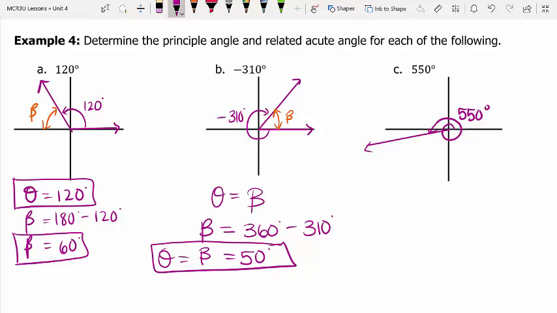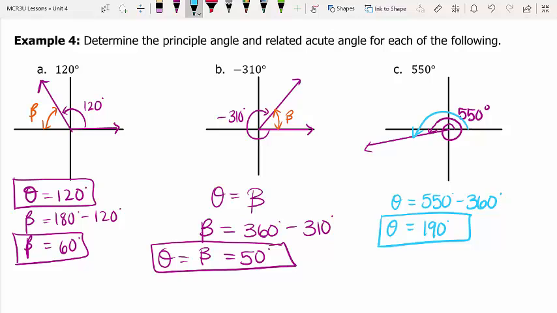The principal value is this angle right here, because that is the angle between 0 and 360 degrees. To figure it out, we take 550 degrees and subtract that full rotation, and the value that's left is our principal angle.